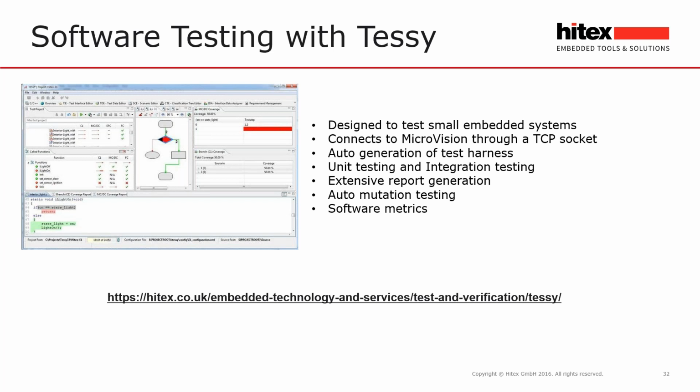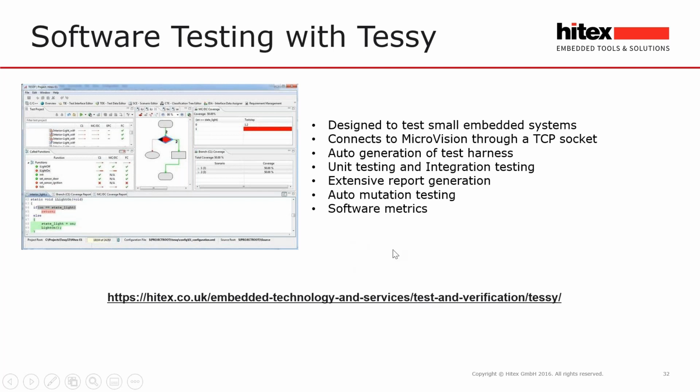There's also software metrics. So this includes McCabe cyclomatic complexity. This tells you the number of paths through the code, so it's a good indication of how many tests you need to do. Again, this bigger overview is available on our website. You can download the Tessy software from there as well, and you can get a trial license to experiment with it.